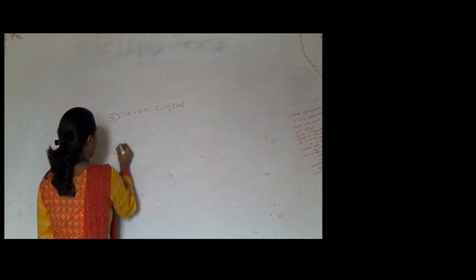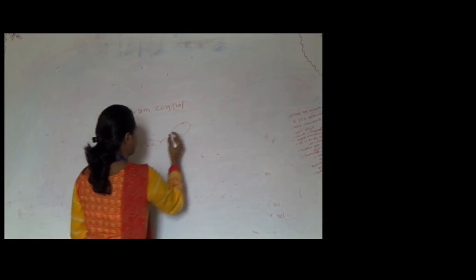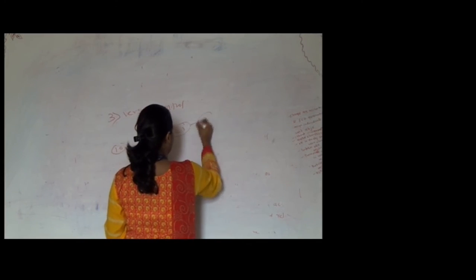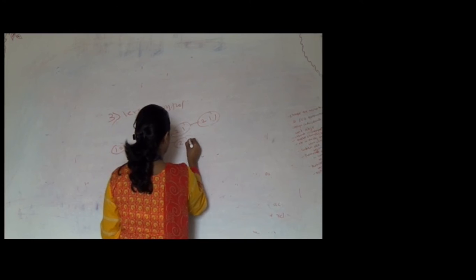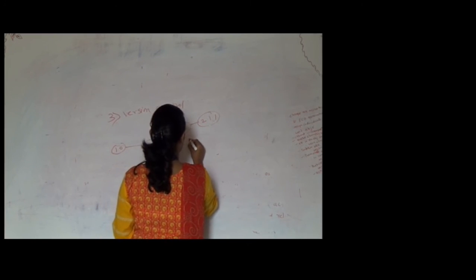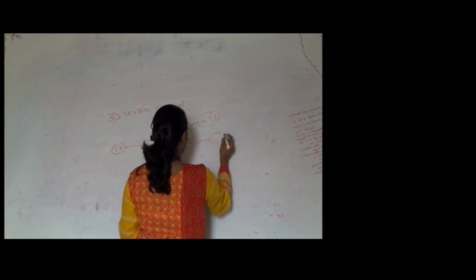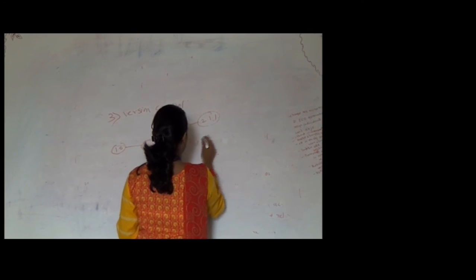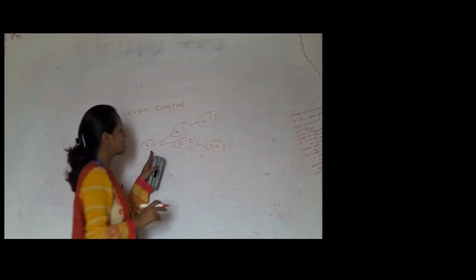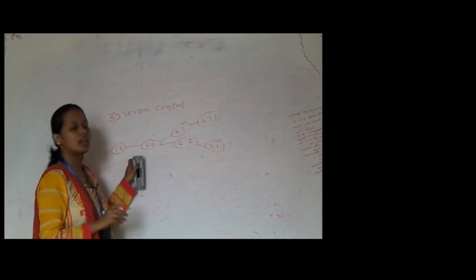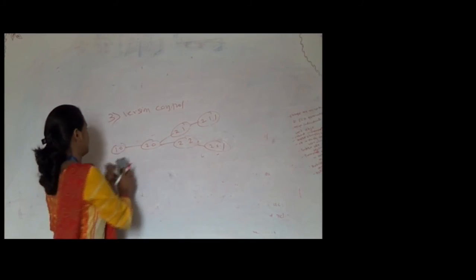So this graph shows the version numbering.